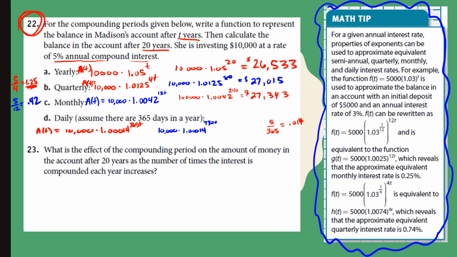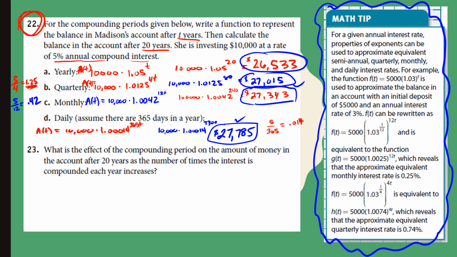So 1.00014 to the power of 7,300 times 10,000. And we get something like 27,785. So there's our values, compounded daily, monthly, quarterly, and annually.